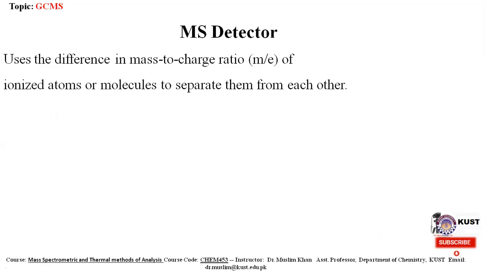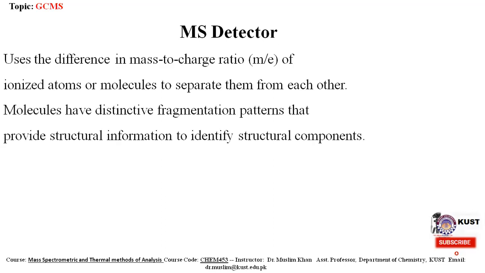It separates the different ions on the basis of mass to charge ratio. You know what a mass spectrometer has: an ion source, which forms ions, then a mass analyzer, which separates the different ions on the basis of mass to charge ratio, and then a detector, and finally we get a spectrum for the compound.